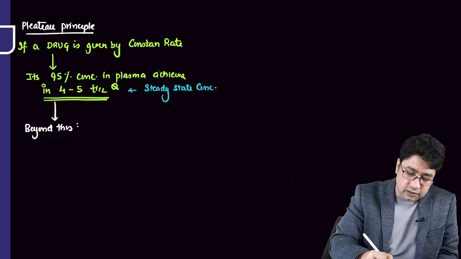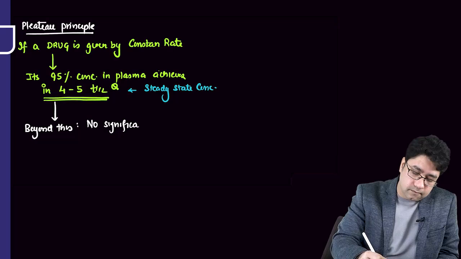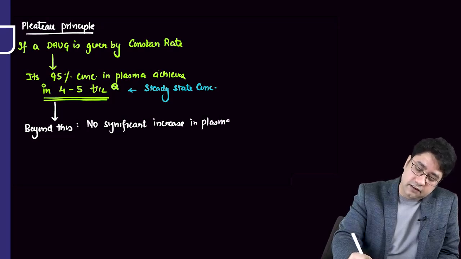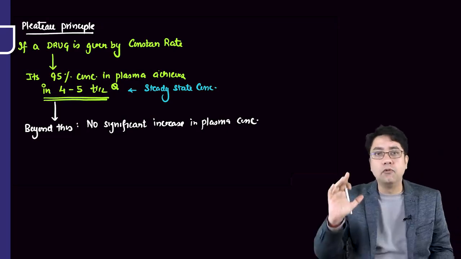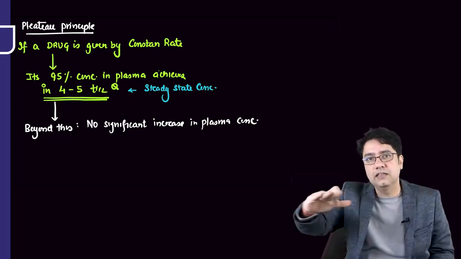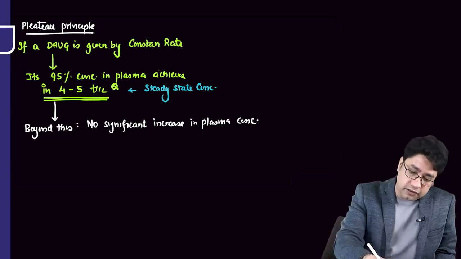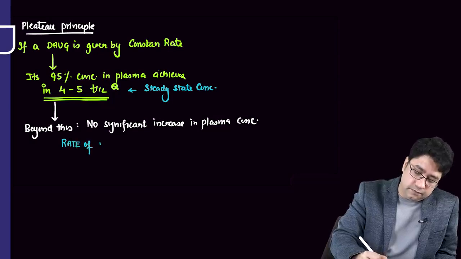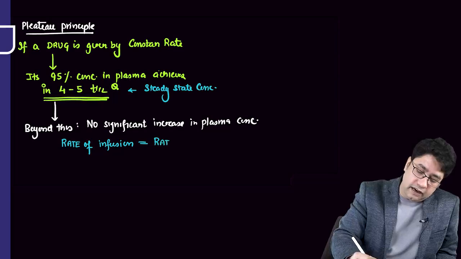Now, beyond this, if we keep on giving the drug, there is no significant increase in plasma concentration. If we keep on giving the drug further, there will be no more increase in plasma concentration. It becomes steady because at this steady state concentration, the rate of infusion, the rate at which we are giving the drug, becomes equal to the rate of elimination.